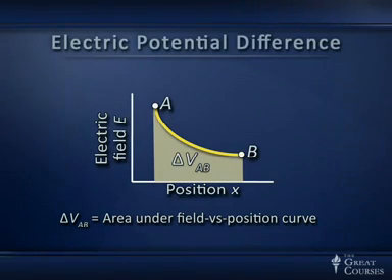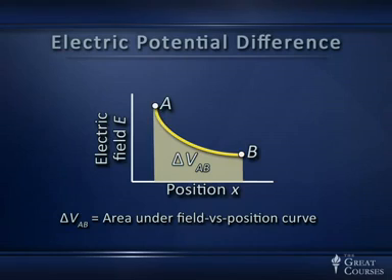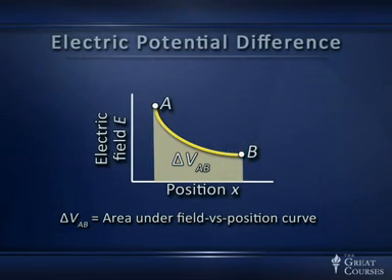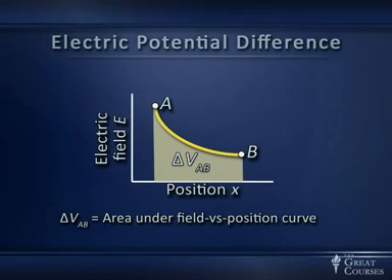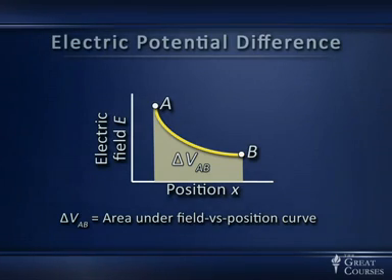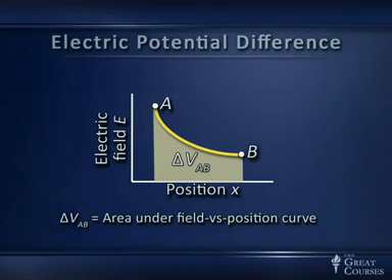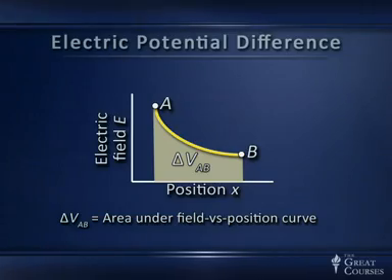It might represent what's going on there at the left, where the field is stronger at the left and weaker as I go toward point B. And if I could find that area either by some kind of graphical means or using calculus, delta V_AB, the work per unit charge involved in moving from point A to point B, is in fact that area under that field versus position curve. So that is electric potential difference, work per unit charge.